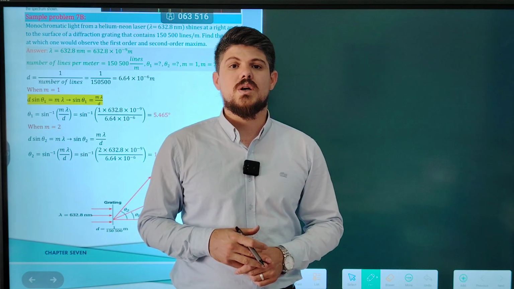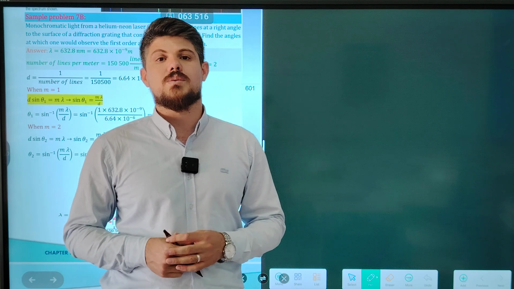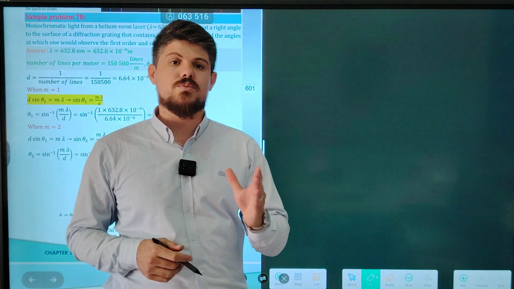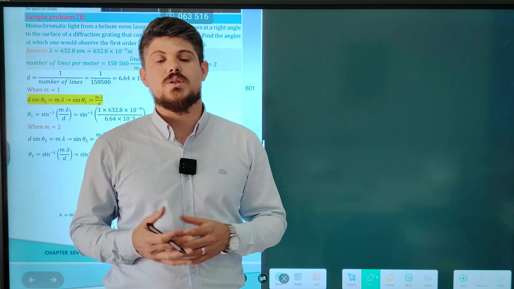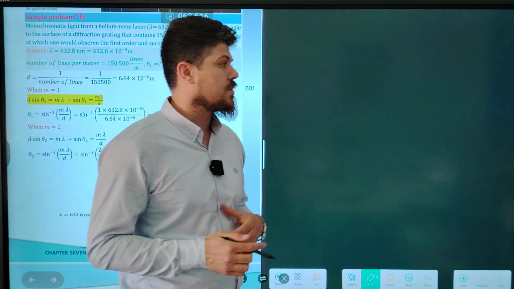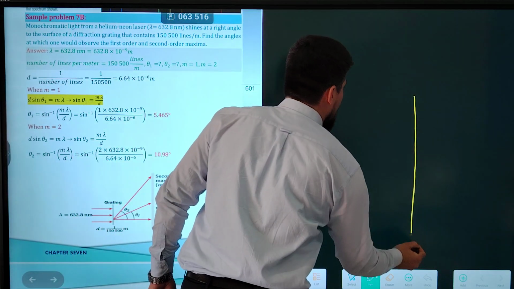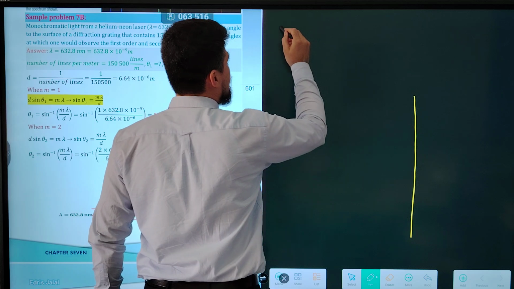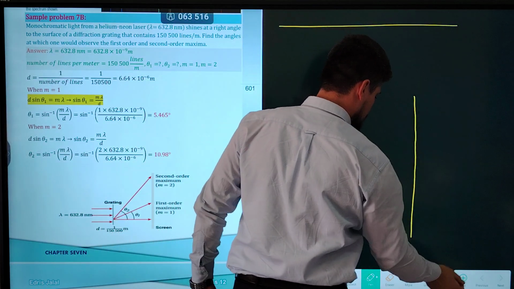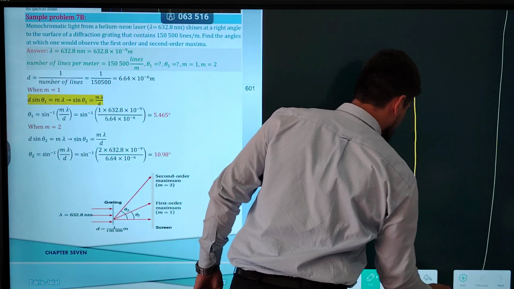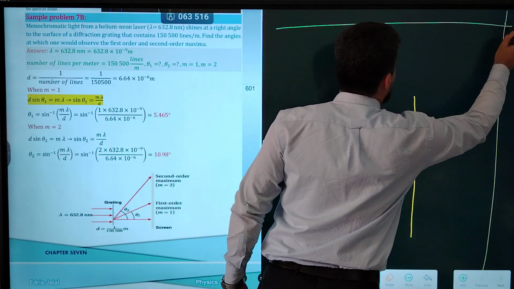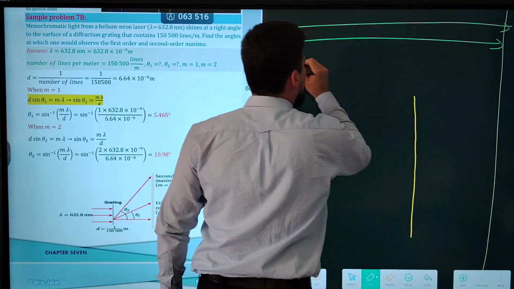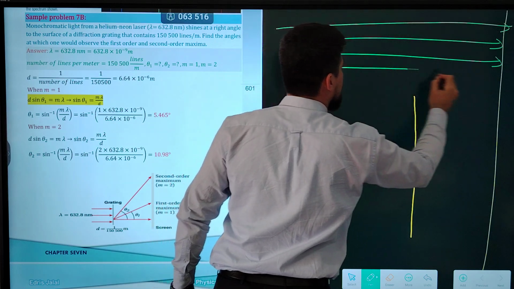So this diffraction also can produce the dark fringe and the bright fringe. The dark fringe and the bright fringe also appear on the screen by the diffraction of the light. For example, we have this barrier and we have many portions of light. This is the screen. If you have some portion of the light, it is moving like this.